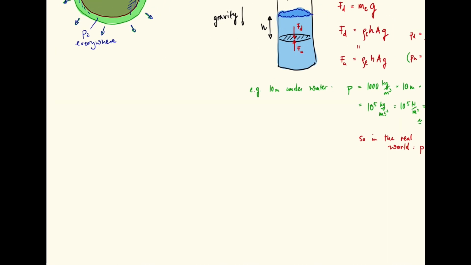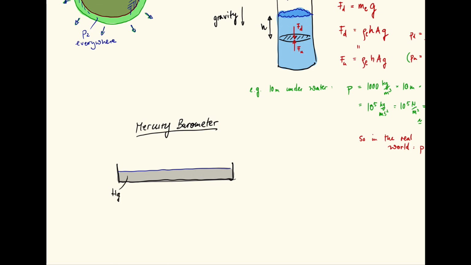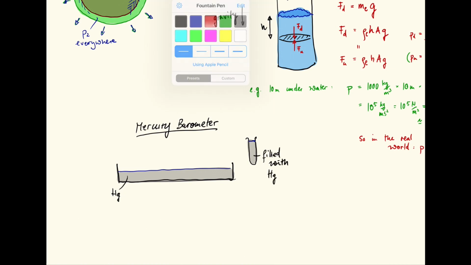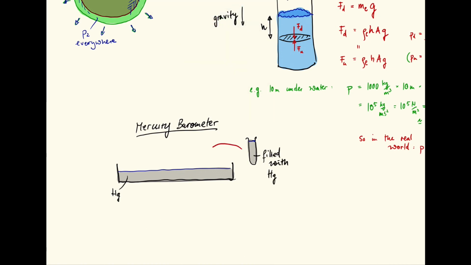Finally, we'll consider the mercury barometer, which works as follows. Consider a bath of mercury, Hg, and then a test tube also filled with Hg. And you turn this test tube upside down and you place it in your mercury bath.